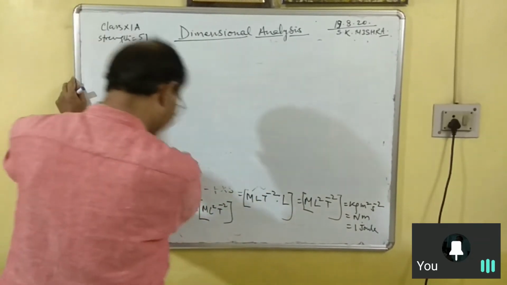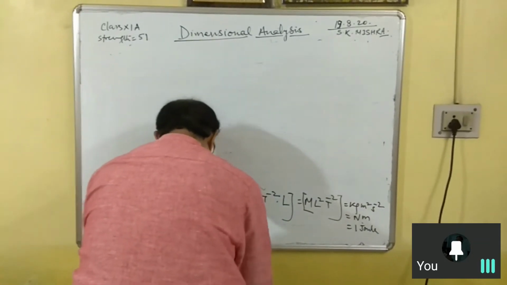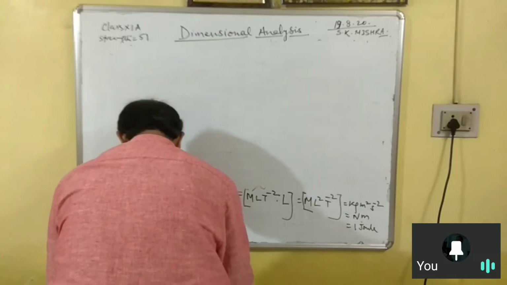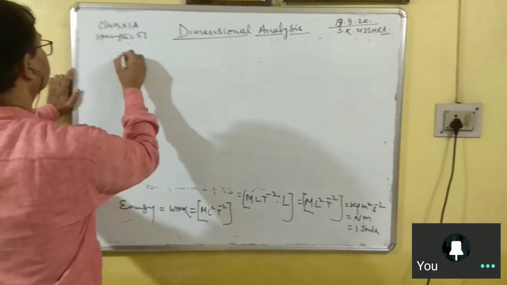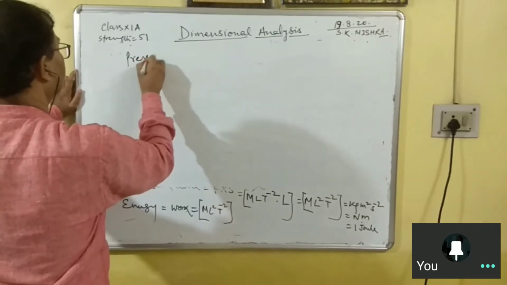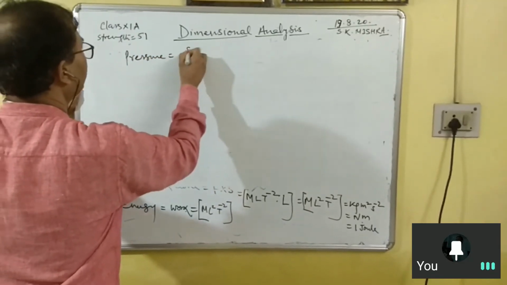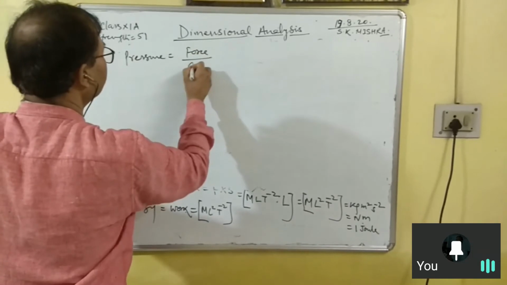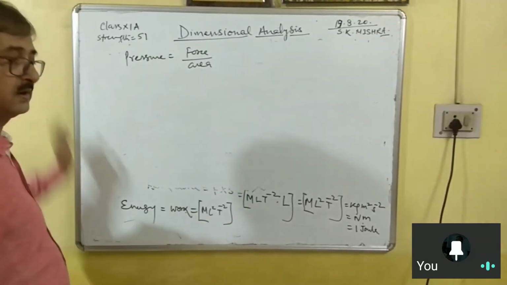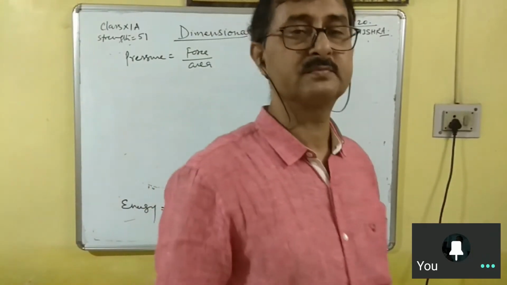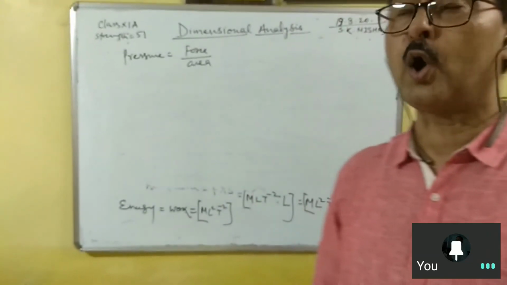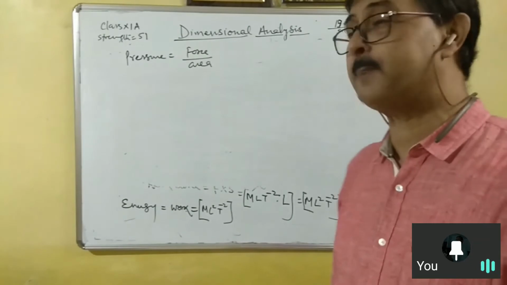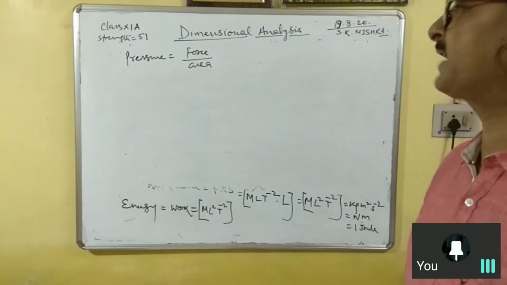Now the physical quantity we are going to represent is pressure. Pressure is force by area. Actually, the total normal force is called thrust, and the total normal force acting per unit area is defined as pressure.